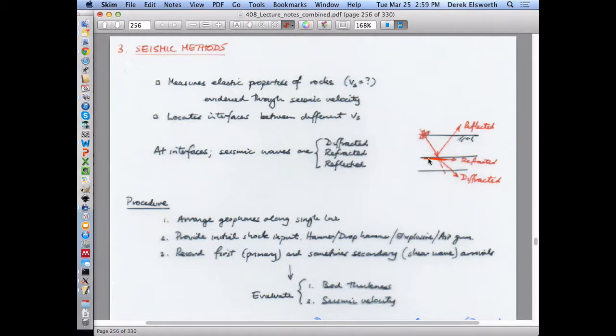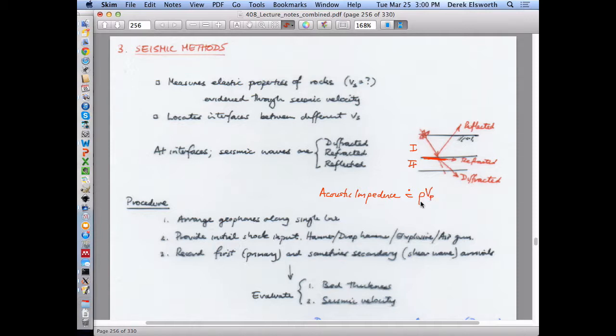the two necessary components are that between different layers, the thing that causes reflection is called the acoustic impedance. And the acoustic impedance is just the product of the density of the material and its acoustic velocity.